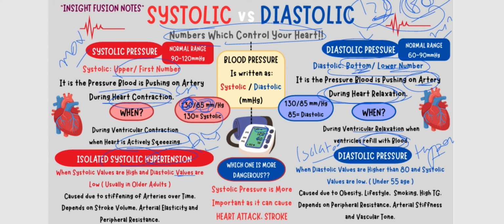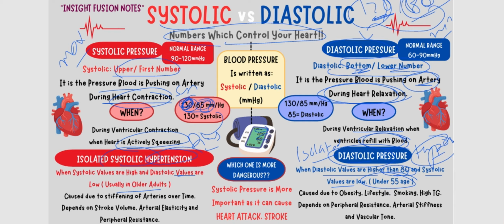So systolic values are high and diastolic values are low, which is called isolated systolic hypertension, and it usually occurs in older adults above the age of 50 or 55. Whereas isolated diastolic hypertension is when the diastolic value is higher than 80 and the systolic value is relatively within the normal range. This occurs under the age of 55.